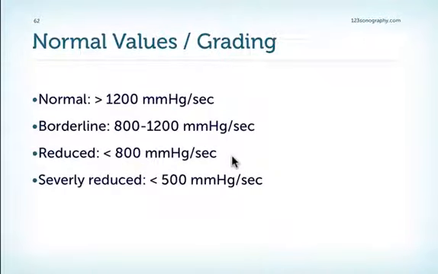What are the normal values? Well, basically there's a certain degree of overlap, but if we have a dP/dt which is above 1,200, it is normal. In some patients who have hyperdynamic left ventricles, we can find dP/dts way above 1,200, sometimes even 2,000, 3,000, or 4,000. If we have a dP/dt below 500, the ventricular function is usually severely reduced.